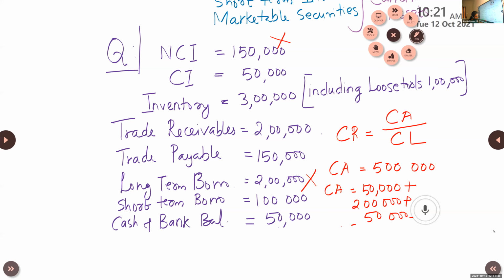And how much is current liability? Anila, how much is current liability? Irfan, how much is current liability? 2,50,000.